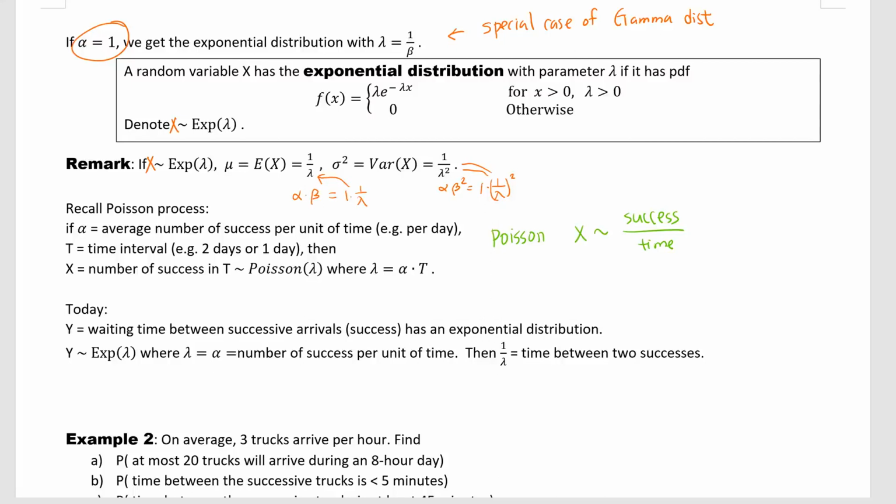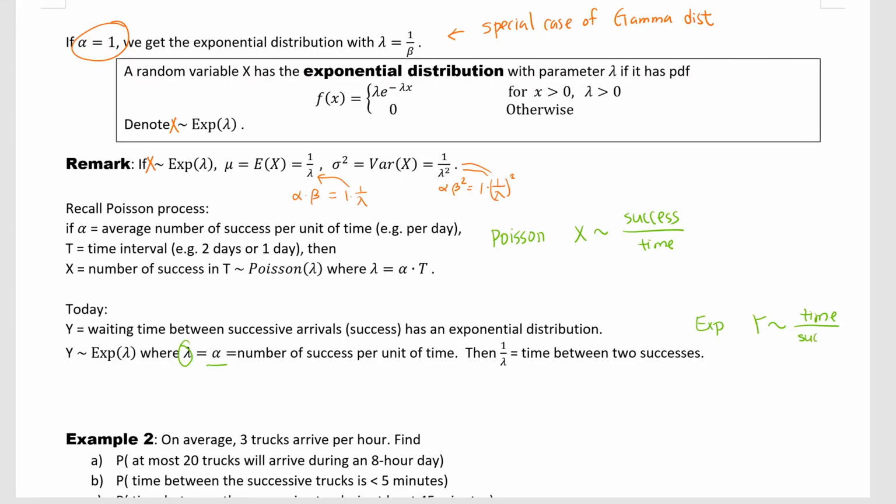Then y has the exponential distribution, where lambda is alpha, the number of successes per unit of time. So 1 over lambda is the time between two successive successes. The exponential distribution y corresponds to the time between two successive successes.